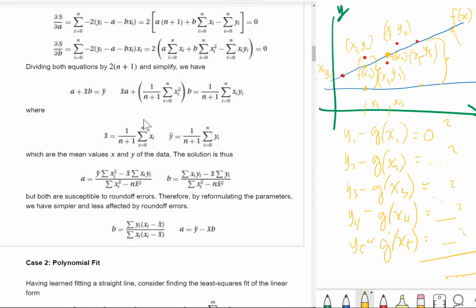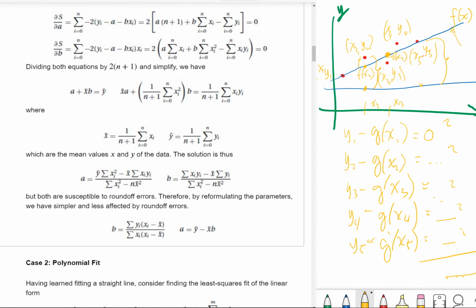So we know, this one is the mean value. X with the bar is the mean value, so simply the average of all x, and then y bar is the mean value of all y.